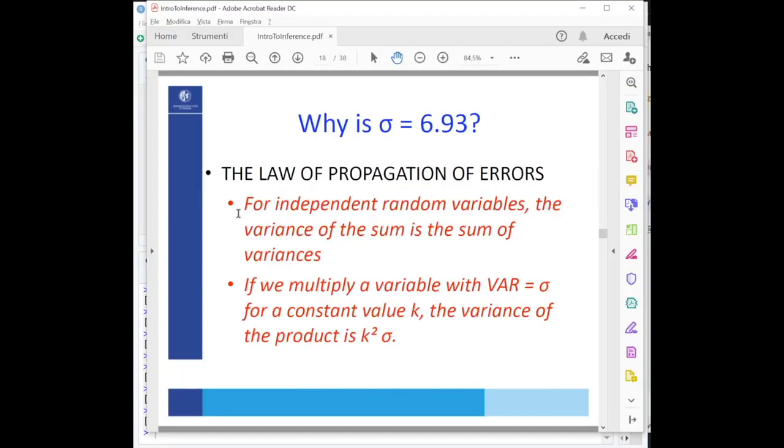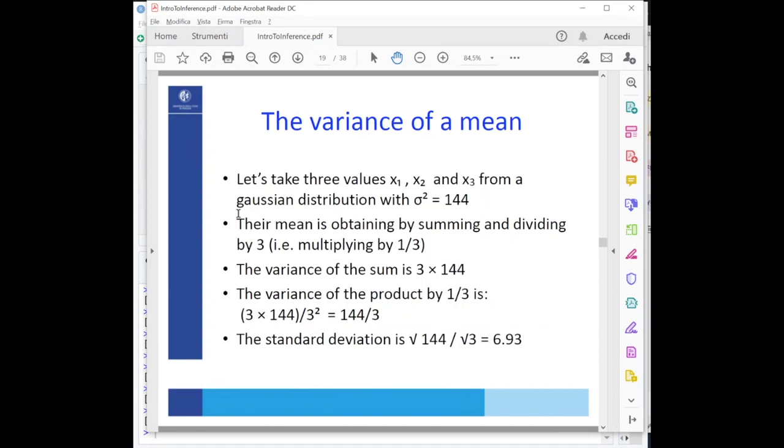What matters is that if we take three individuals and calculate the mean of the three individuals, the standard deviation of the mean is lower. We had the feeling already, but if you calculate the mean with the theorem of propagation of errors, it is exactly like that, because in our case, the Gaussian distribution has a standard deviation equal to 12.